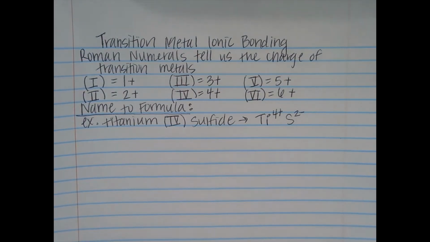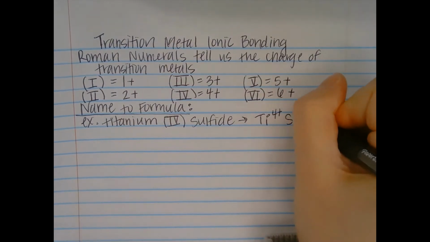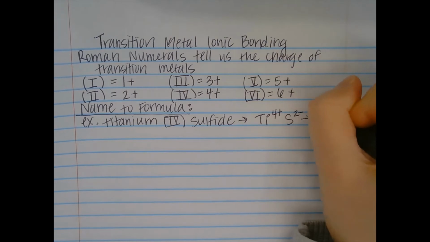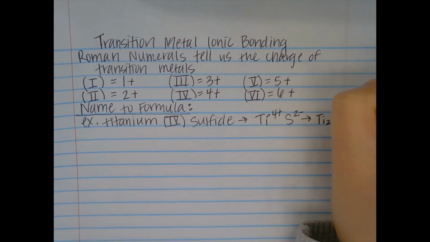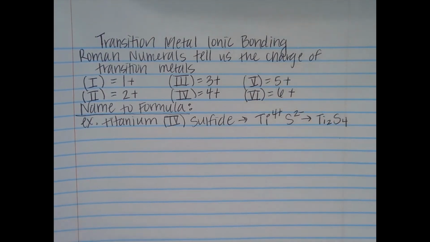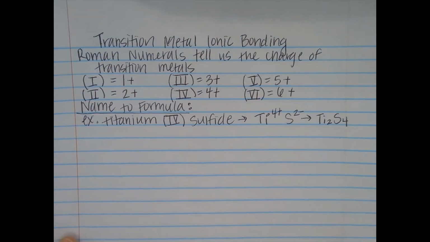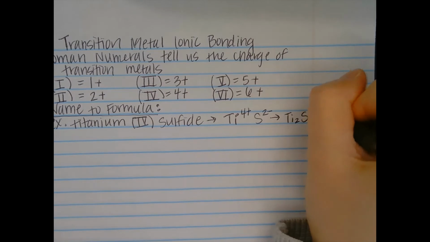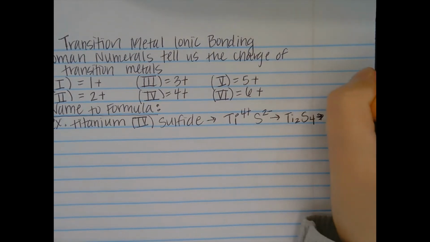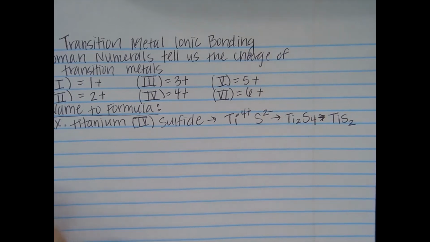Now if I crisscross these, remember, we are always forming a neutral compound, where our pluses equal the minuses. If I crisscross this, I would end up with Ti2S4. Can that ratio be reduced? Yes. It reduces to TiS2.